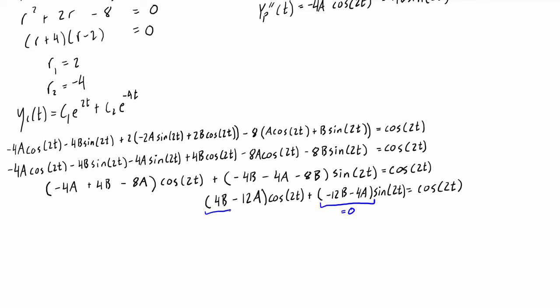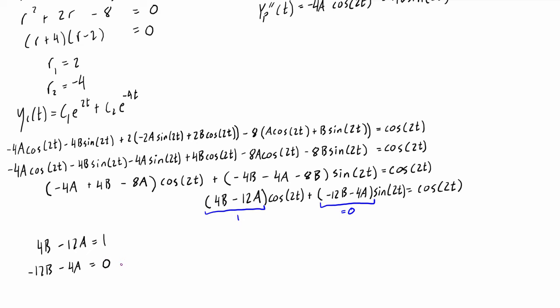And whatever multiplies the cos has to equal 1, because that's the same coefficient on the right. If this is 0, this whole thing goes away, and if this is 1, then we have 1 cos of 2t equals 1 cos of 2t. Knowing that, we have 4b minus 12a equals 1, and negative 12b minus 4a equals 0.